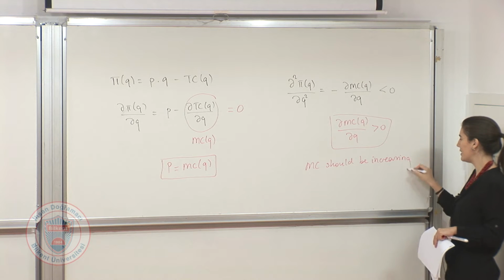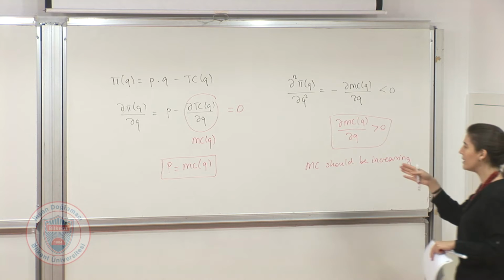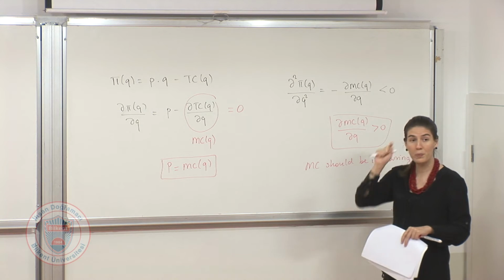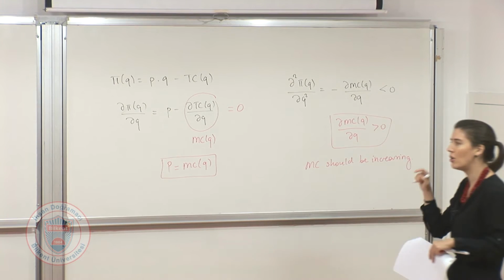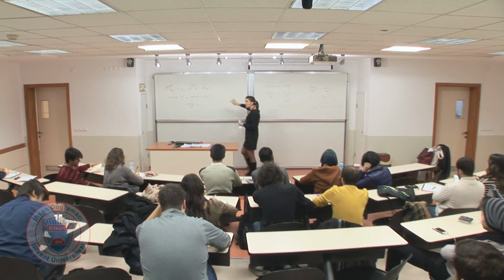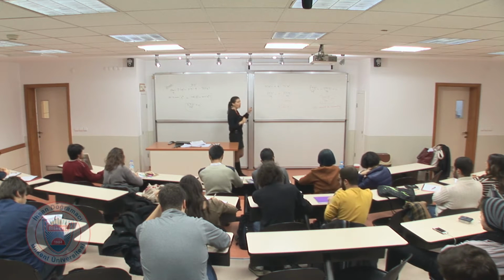So just keep this in your mind, okay? At the profit maximizing Q star, marginal cost should be on its increasing portion. Keep this in mind when we draw some graphs, and you'll understand why this is important.